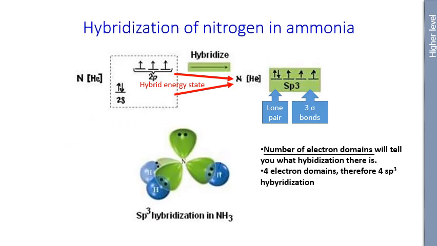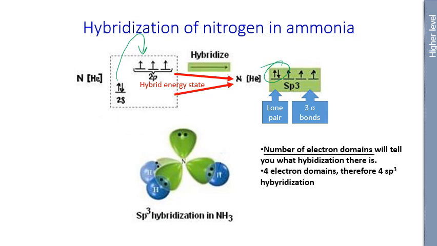So looking at the hybridization of nitrogen in ammonia, you can basically look at the ground state electron atomic orbital configuration of nitrogen. If you add some energy, you can promote one of the electrons. Okay, so you get an sp3 hybrid orbital, which now has this lone pair. Okay, and that means you've got a lone pair and 3 sigma bonds.